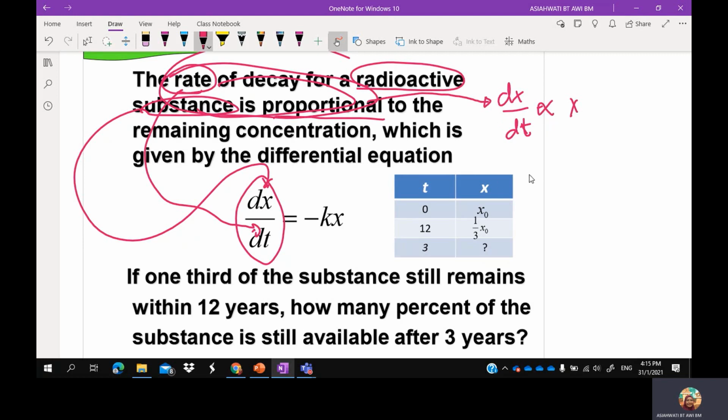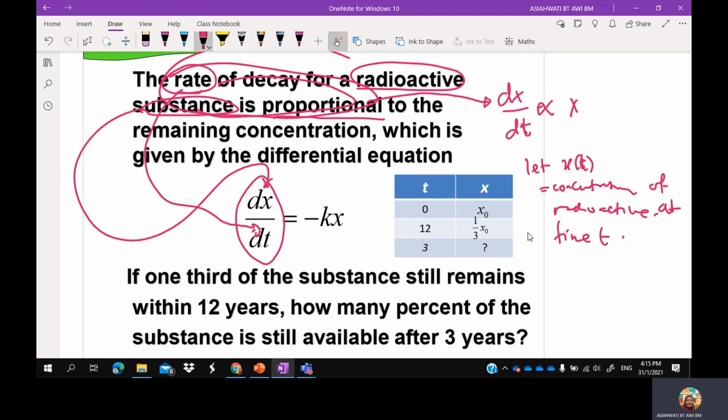So let x(t) be the concentration of radioactive substance at time t.